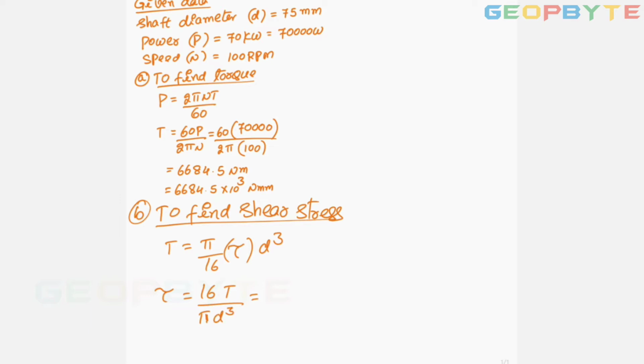That is 16 into 6684.5 into 10 raised to 3 divided by pi into d given 75.